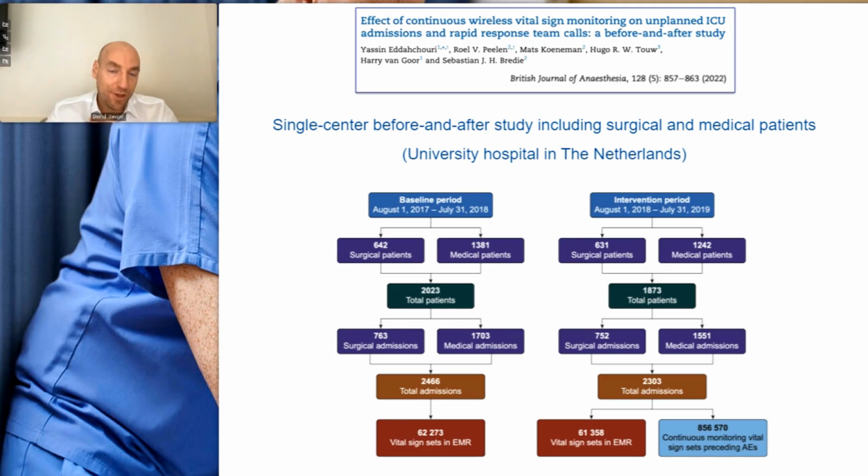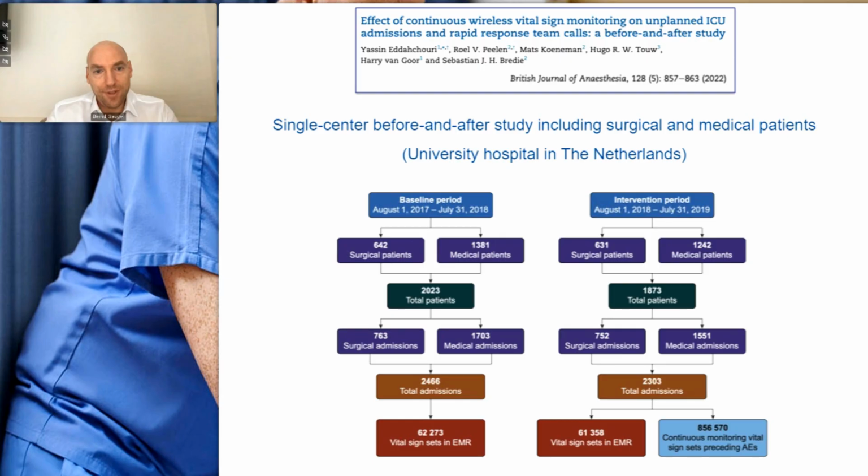There are the first studies showing that implementing those systems can actually improve outcomes. Very often those studies are not randomized trials, but so-called before and after studies. So you're looking at a before period where there was intermittent, non-continuous monitoring, then you implement the monitoring system, and then you have an after period in which patients have continuous automated monitoring, and then you compare the outcomes of the patients during those two periods.